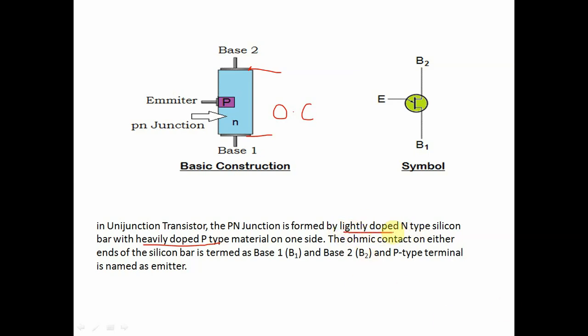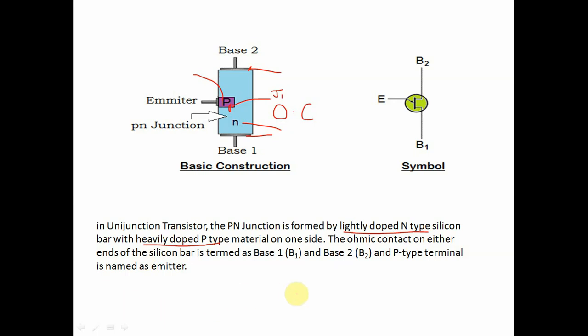In between the lightly doped and heavily doped regions, only one junction is present. This is the basic construction of the unijunction transistor.